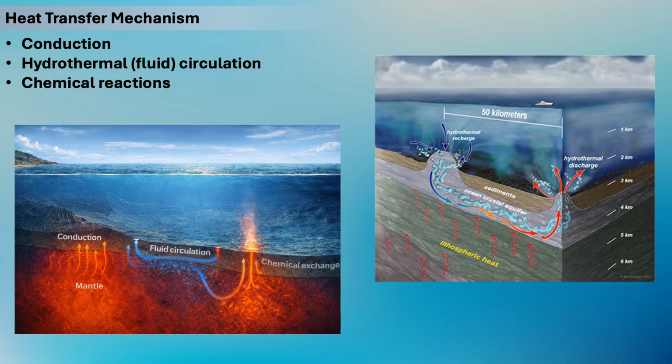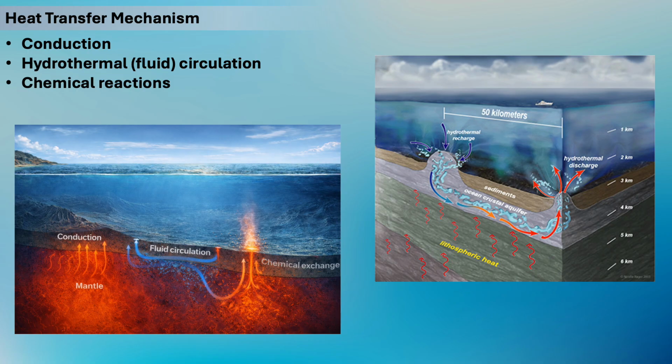Heat moves through the oceanic crust in two fundamentally different ways: conduction and hydrothermal circulation. And the difference between these processes is critical for understanding chemical reactions in deep ocean basins. Conduction is the slow transfer of heat through solid rock.